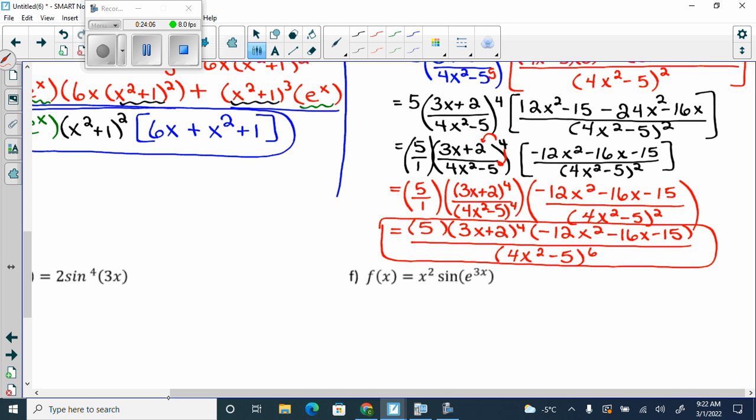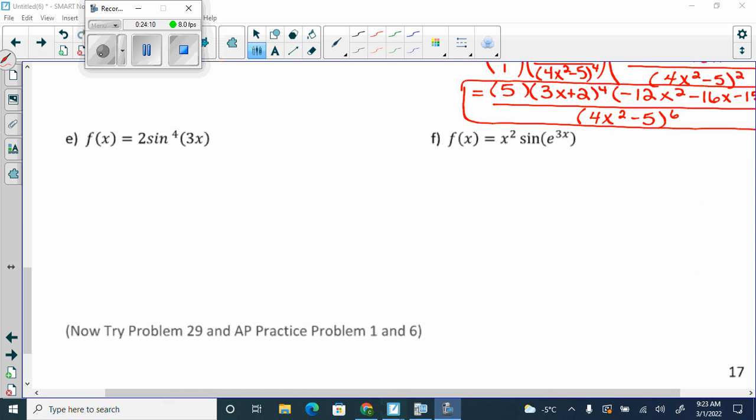I want you to try E and F, please. Does the 2 just go outside of that? Yep. Because the 4 is going to join the 2 and make an 8. So f prime of x equals, we're going to get the 8 dropping in front, rewrite it.